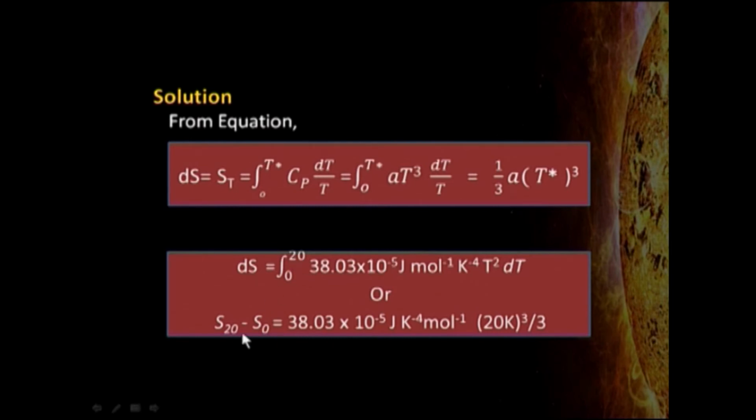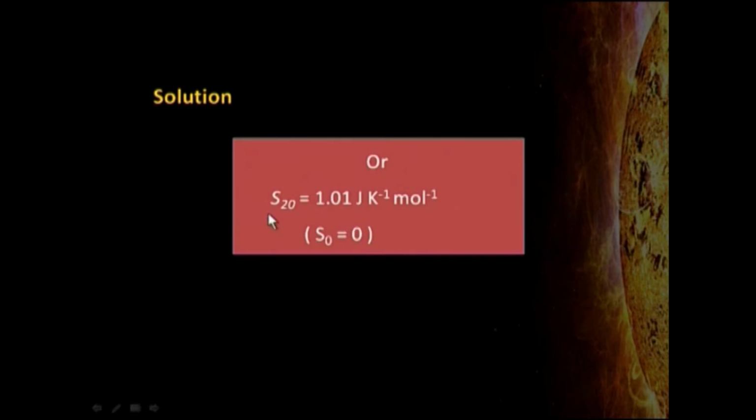Therefore, S20 minus S0 will be equal to 38.03 multiplied by 10 to the power minus 5 joules Kelvin to the power minus 4 per mole multiplied by 20 cube divided by 3, or S20, that is entropy at 20 Kelvin, is equal to 1.01 joules per Kelvin per mole, as you know that entropy at 0 Kelvin is equal to 0.